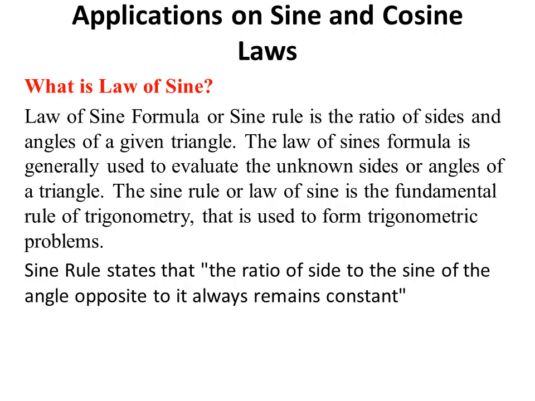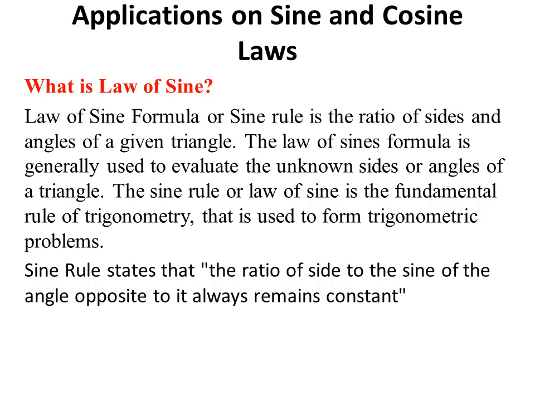What is the law of sine? The law of sine formula, or sine rule, is the ratio of the sides and angles of a given triangle. It is generally used to evaluate the unknown sides or angles of a triangle.